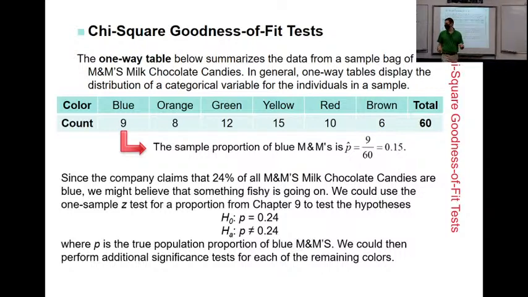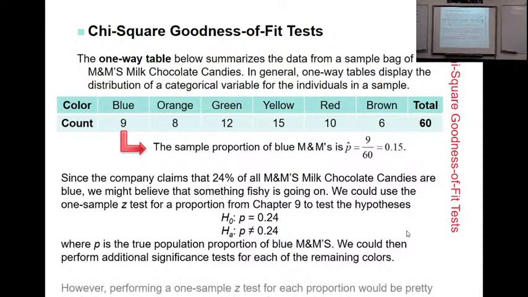So this is a new hypothesis test that's going to use a new type of distribution. It would be pretty inefficient to do that.